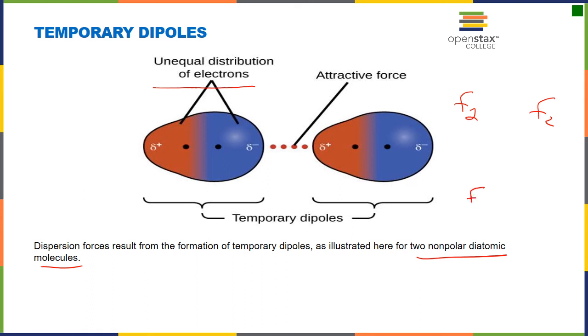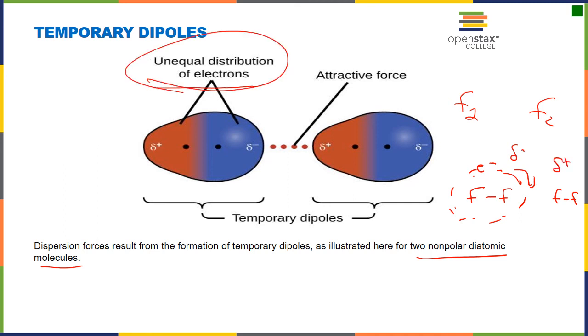Because one fluorine atom is going to be bonded to another, and they're going to have their electrons. But if the electrons here can get pulled by the nucleus on this fluorine, it can make this end partial negative, interacting with a partial positive here, giving us an uneven distribution, and we're going to have a temporary dipole. This is our explanation of what occurs.